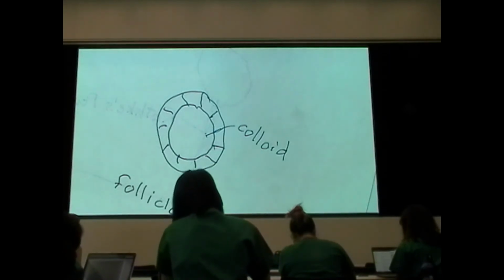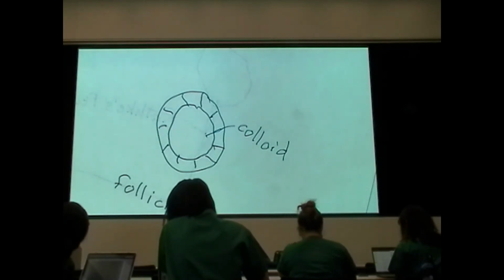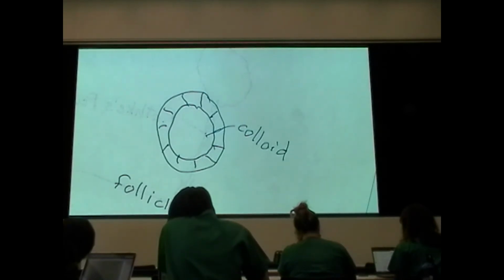Now, what happens is that these cells that make up the follicles are able to concentrate the element iodine to concentrations thousands of times higher than what is found in the blood. And this iodine is added to the thyroglobulin.